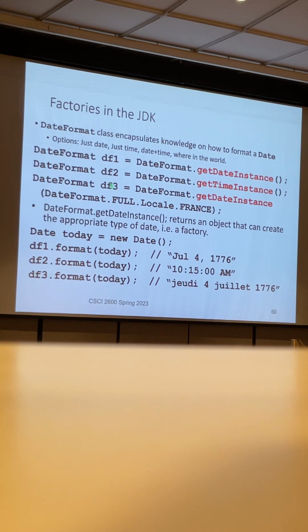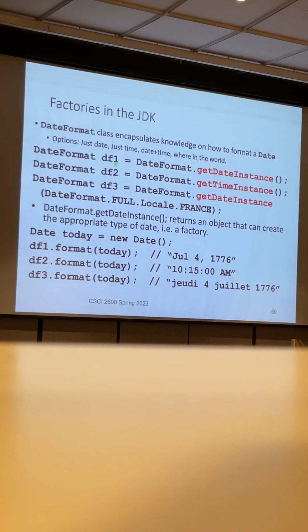Again, do not be fooled by the fact that all these three variables are declared as date format. They're not going to have the same object. So get date instance is going to return an instance of a subclass of date format that would be specific to formatting dates, usually just the date.